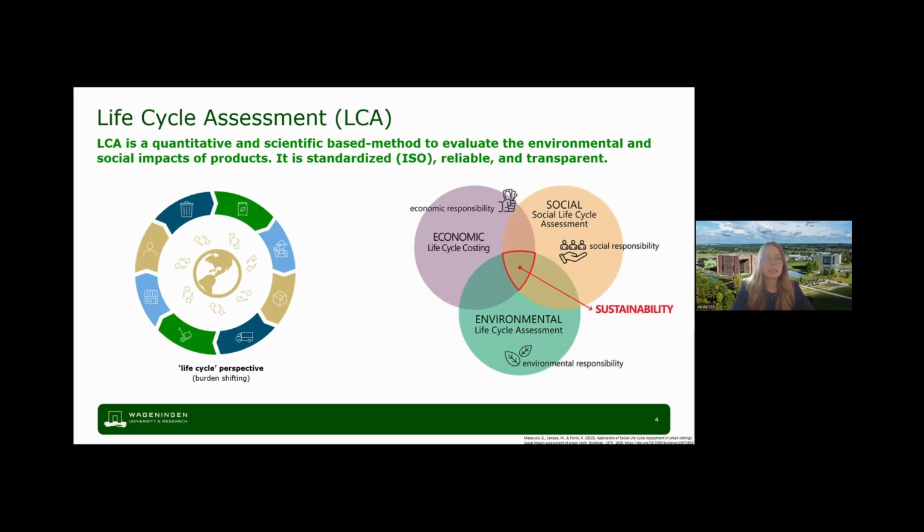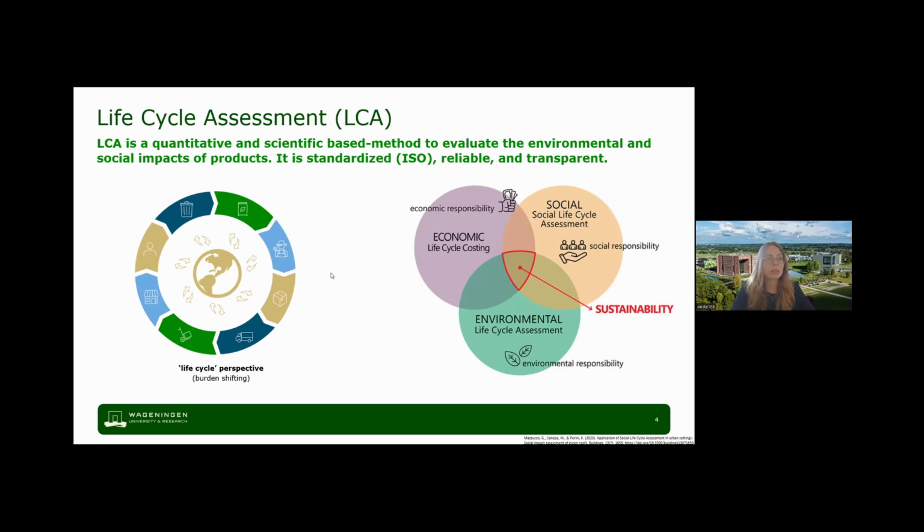It's a standardized method, and quite reliable and transparent. And you can do it to quantify impacts for the environmental side, also social impacts, and also economic impacts. And if you combine all three of these, you incorporate all pillars of sustainability.